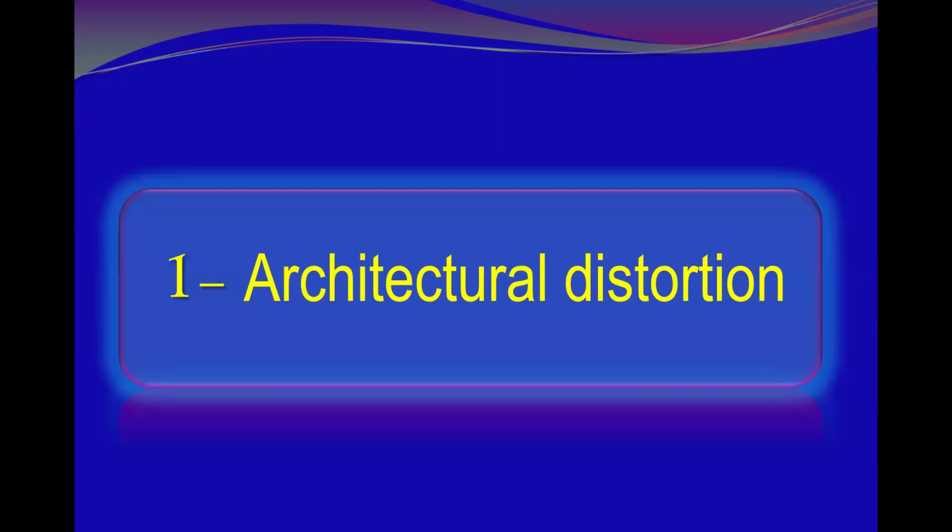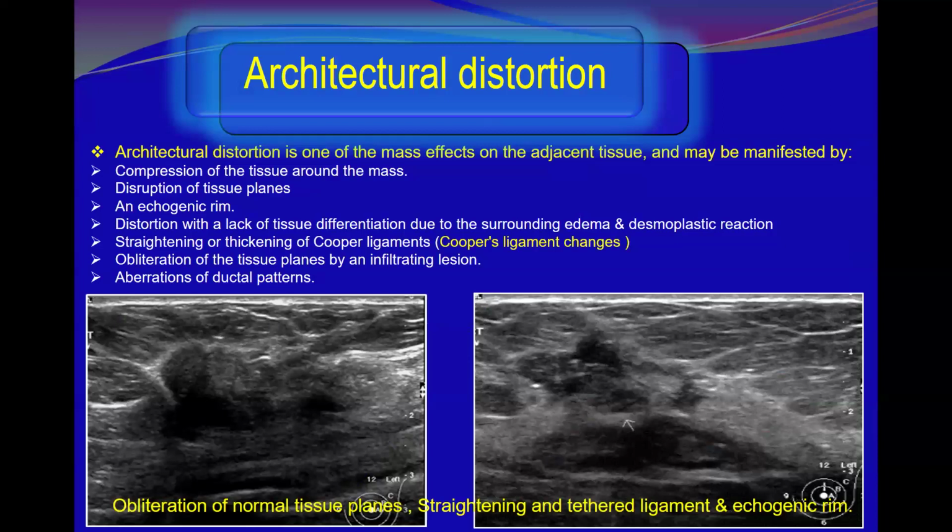Architectural distortion is one of the mass effects on the adjacent tissue and may be manifested by compression of the mass into the adjacent tissue, or might result in disruption of tissue planes and echogenic rim, distortion with a lack of tissue differentiation due to the surrounding edema and desmoplastic reaction, straightening or thickening of the Cooper ligaments, or we can say Cooper ligament changes, obliteration of the tissue plane by infiltrating lesions, and abrasion of ductal patterns.